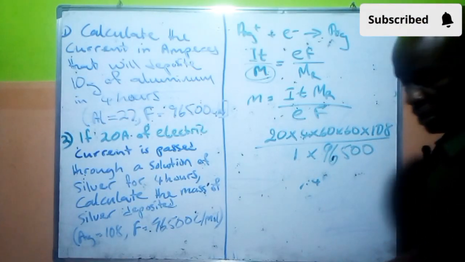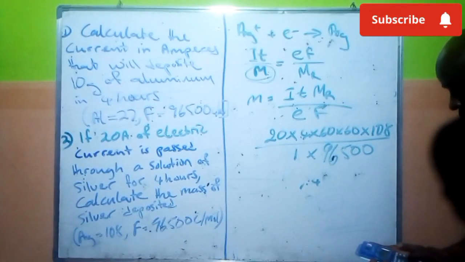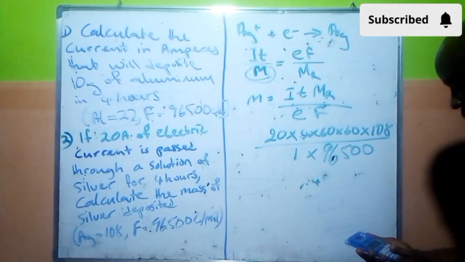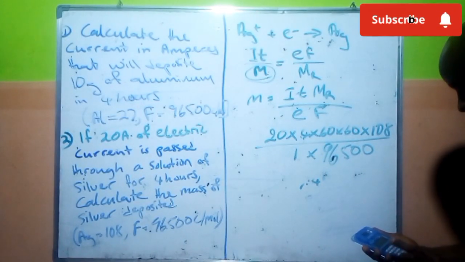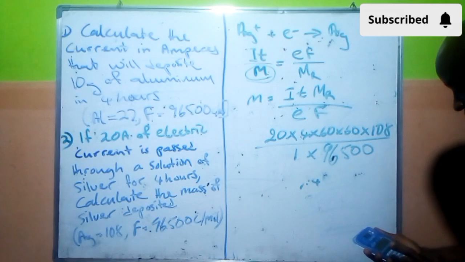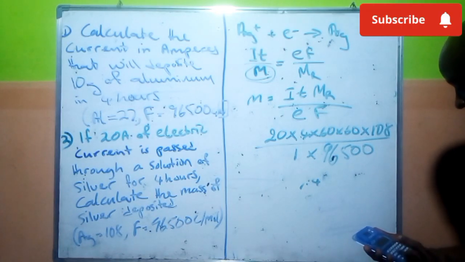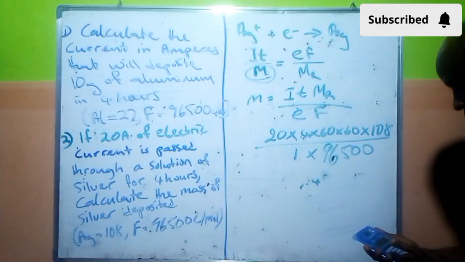So let's see what we'll get by multiplying 20 times 4 times 60 times 60 times 108 divided by the rest.